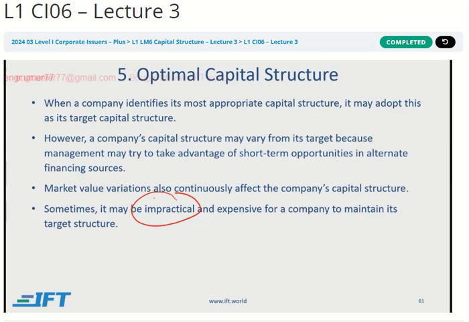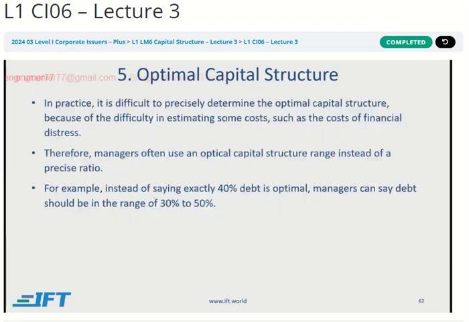Sometimes share prices are so high, it might actually make sense for a company to issue shares because it's just easy to sell at that high price, right? So that's why companies might use different structures than the optimal one. And what even is the optimal one? Nobody even knows, right? So we say somewhere between 30 and 50.